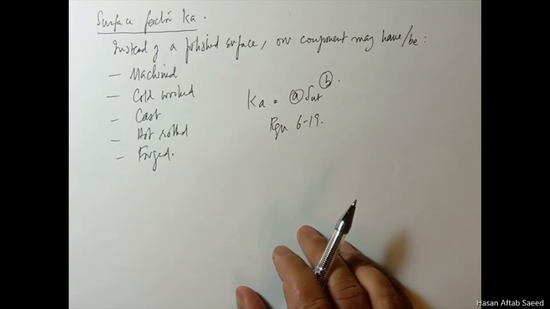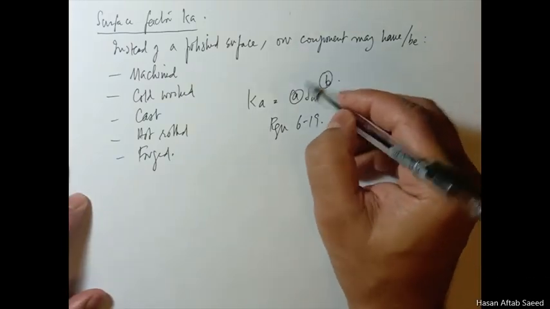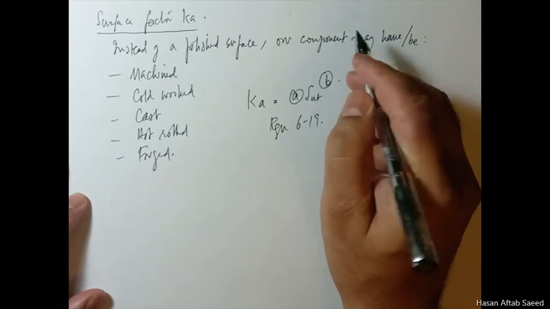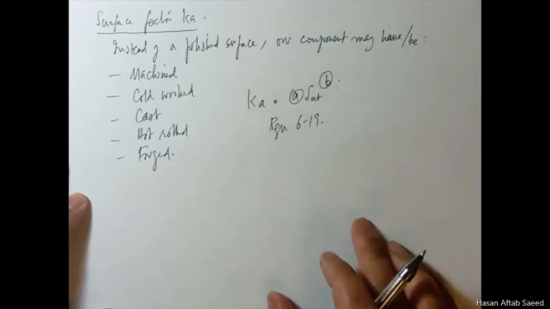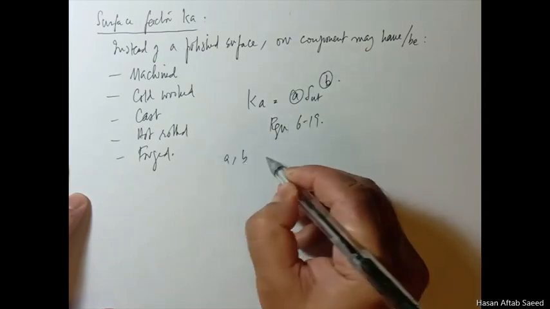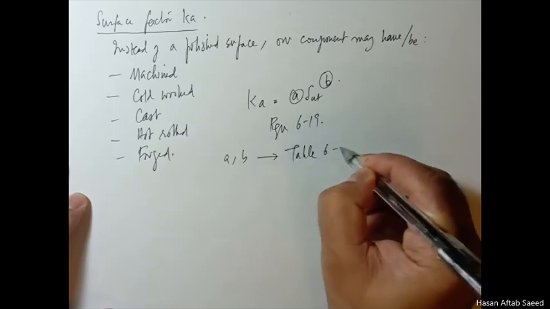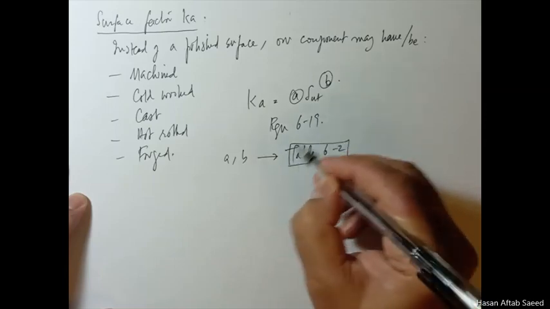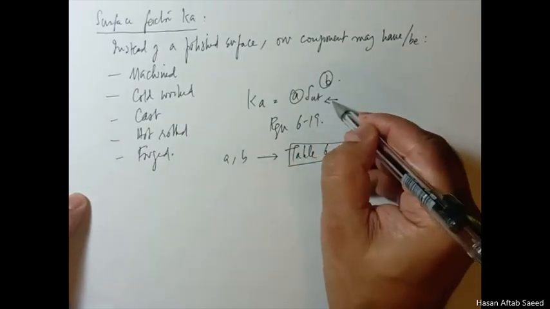It's unfortunate that in literature at many places we are using the same symbols, but you must be very careful that this a and b has nothing to do with the a and b of the fatigue strength. Now these a and b can be seen from Table 6.2 of your textbook.